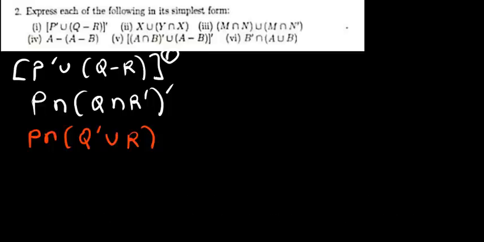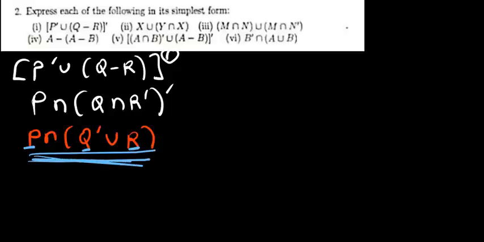So I have P intersected with what? Now I bring the complement inside: it will be Q complement, and this one will change to union. R complement, complement is just R. Where I've reached here, I can't go any further because P is on its own, Q is on its own, R is on its own. So this one ends there.